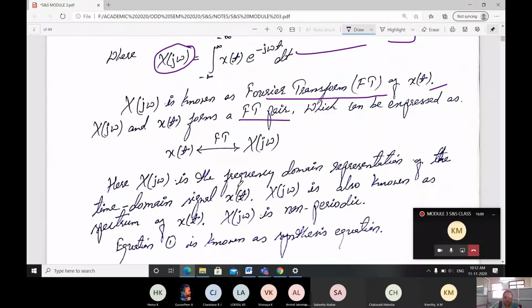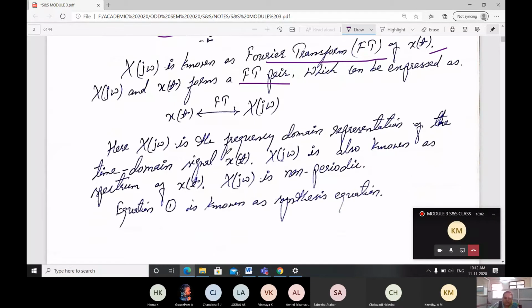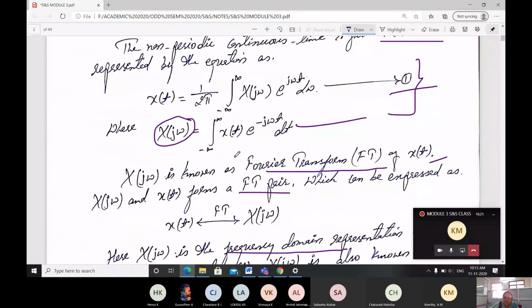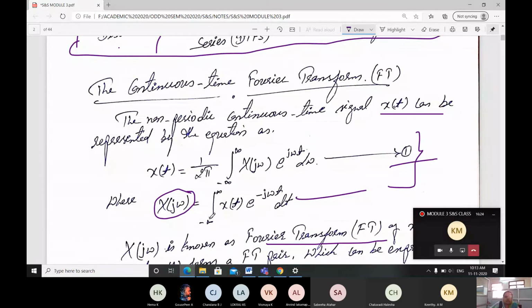Here x of j omega is the frequency domain representation of the time domain signal x of t. From the Fourier transform, it is possible to find the frequency domain representation in terms of the time domain signal.